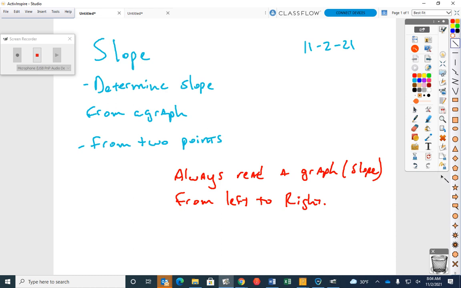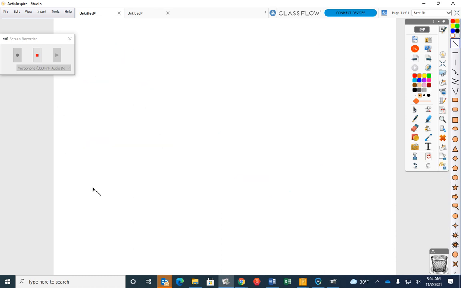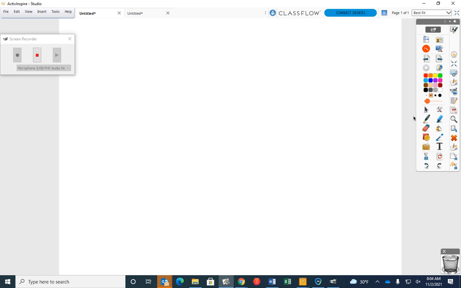Yes? Okay. So let's talk first about how we determine slope. You'll understand more about this later, but we're going to identify slope as a lowercase m. M equals slope. Slope is expressed as a ratio.